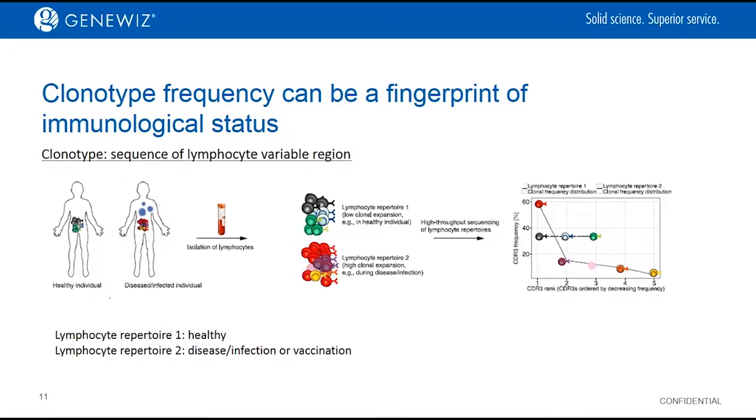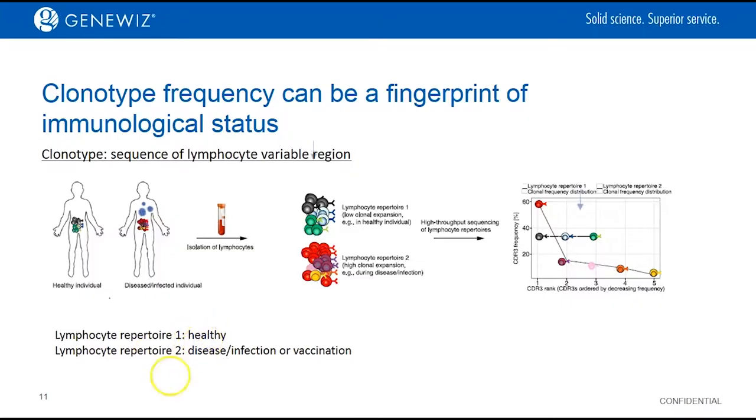Clonotype frequency. A clonotype is the exact sequence of a lymphocyte variable region. Upon recognition of the specific antigens, lymphocytes can undergo clonal expansion. The clonal distribution and diversity of lymphocyte repertoires may represent a fingerprint of immunological status.